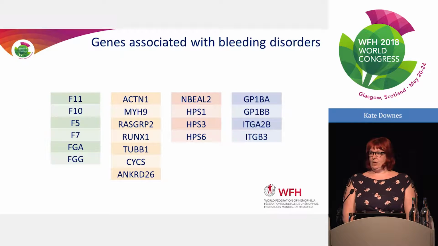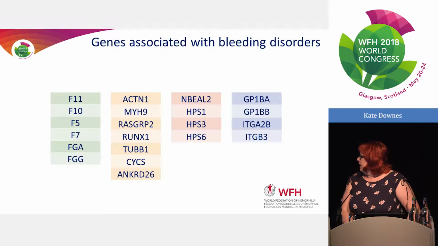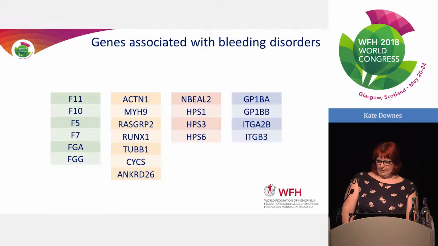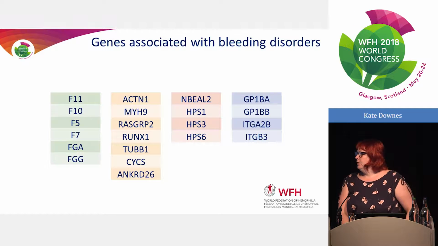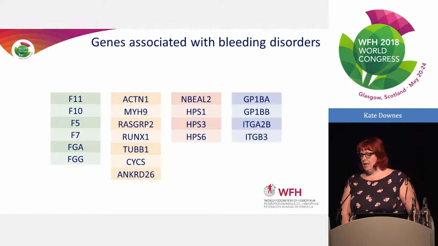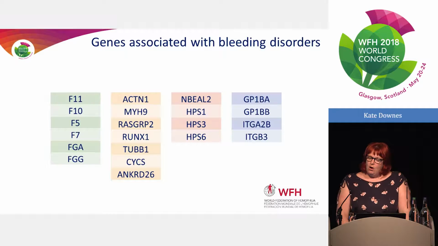So I've split these genes into different areas. On the left-hand side, we have the factors. So we have factor 11, factor 7, and the fibrinogen genes. And these genes are involved in coagulation. The yellow genes are genes that are involved in thrombocytopenia.